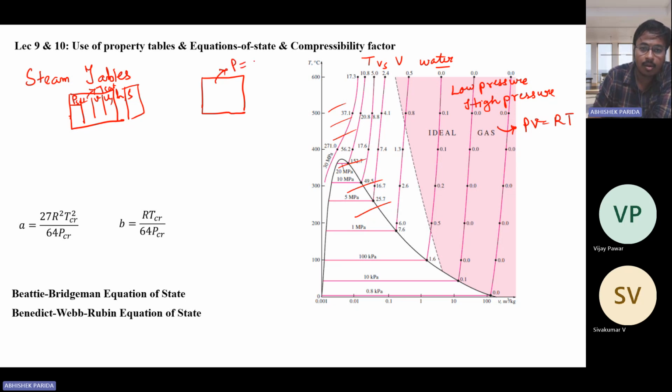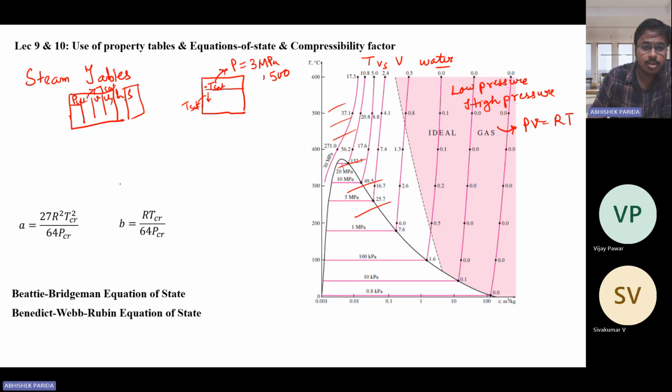Let us say this will be somewhere around 3 megapascal and 500 degrees Celsius. At 3 megapascal, the table will be different. It will start from its T saturation. The first row will be its T saturation, and after that the temperature will go on increasing. I hope you have understood it from the lectures, and while solving a few numericals we will also see how this table is used.